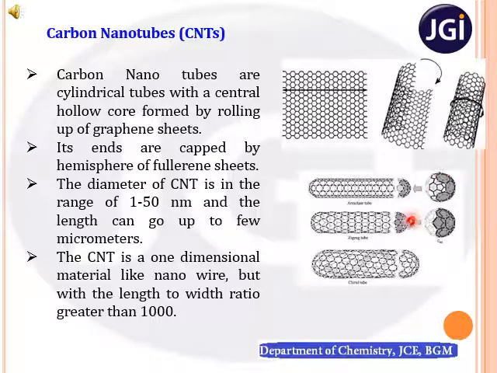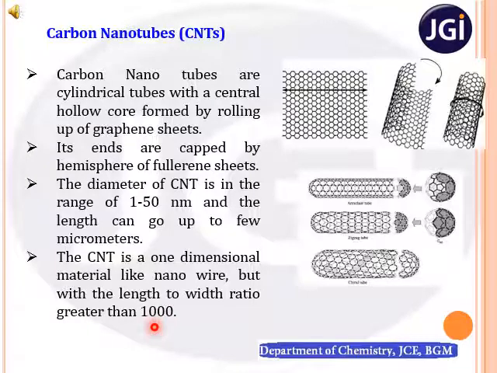The diameter of carbon nanotubes is in the range of about 1 to 50 nanometers, and the length can go up to a few micrometers. Generally, the carbon nanotube is a one-dimensional material like a nanowire, but with a length to width ratio greater than 1000.